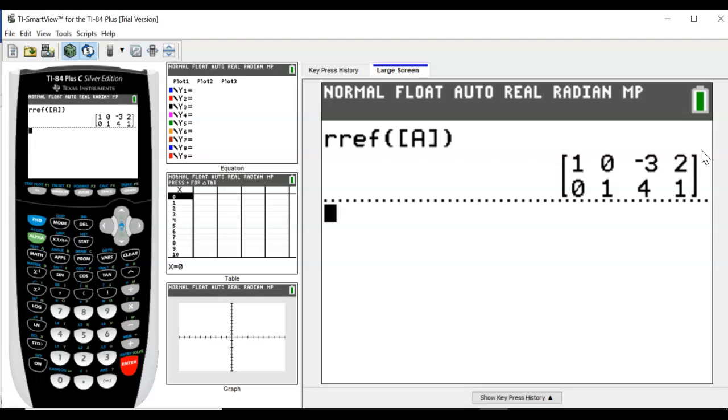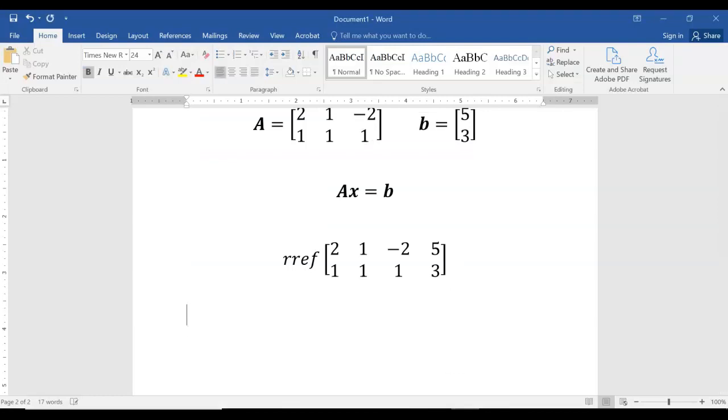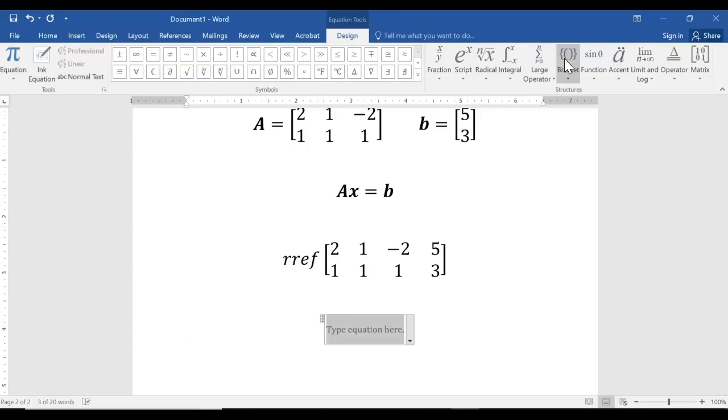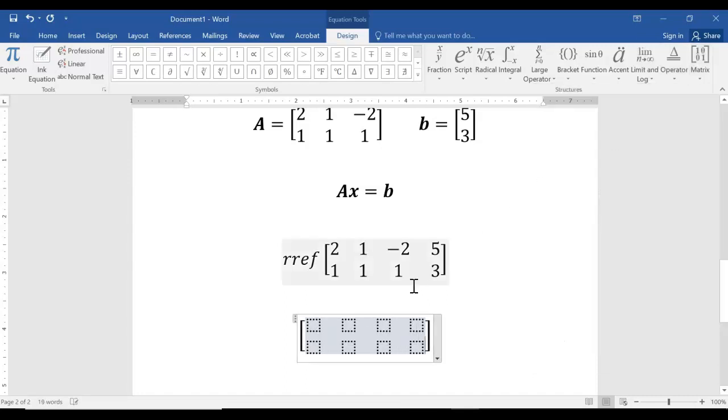Again, this is the augmented matrix. So we have to imagine our equal sign being right there. Well, let me write down the augmented matrix just to start out with. 1, 0, negative 3, something like that.